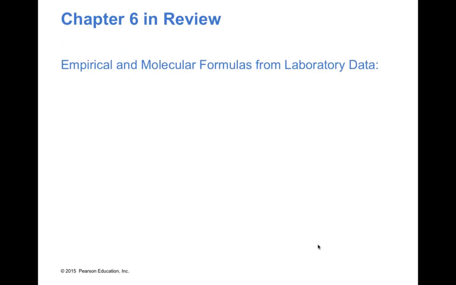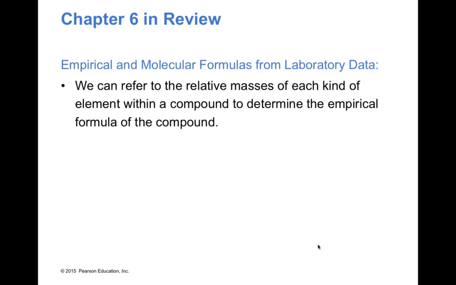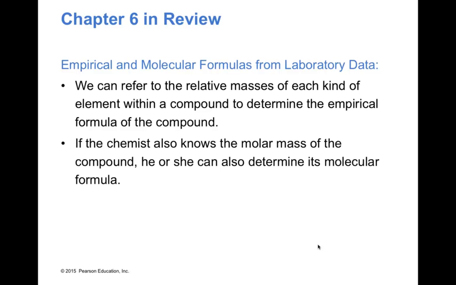And finally, the empirical and molecular formulas from lab data: we can refer to the relative masses of each kind of element within a compound to determine the empirical formula of the compound. If the chemist also knows the molar mass of the compound, he or she can also determine its molecular formula.